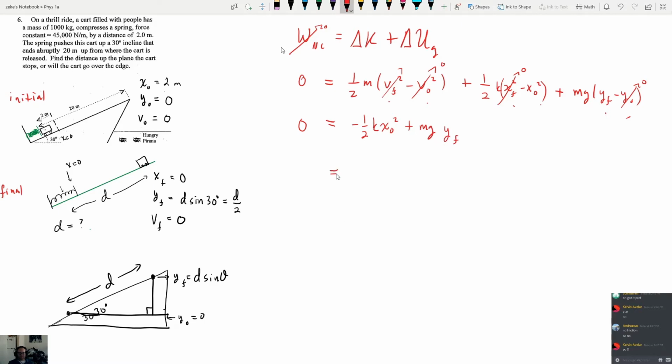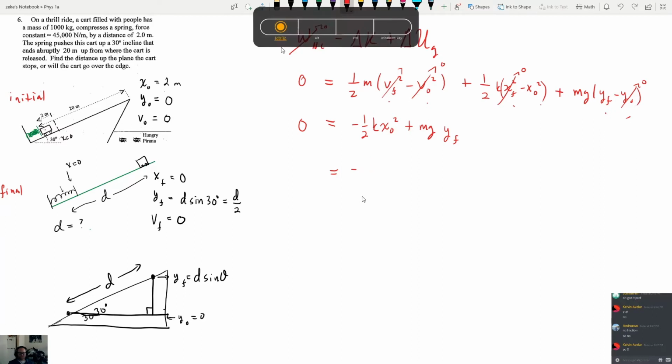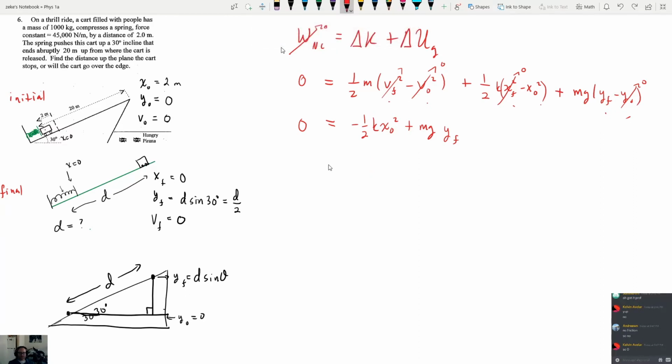And we can plug in our numbers now. Well, let's rearrange just a little bit. We're solving for d. So we're going to have 1/2 k x initial squared is equal to mg times y final, which is d over 2.